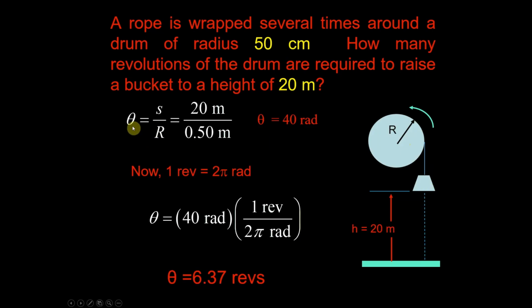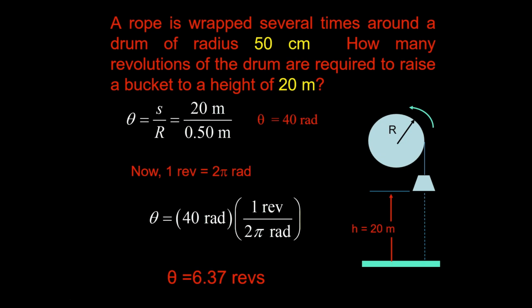Well, theta is s over r. s is 20 meters, that's our linear displacement. And r is 0.5 meters. Remember, this is 50 centimeters. So theta is s over r, that's 20 over 0.5, which will give us a theta of 40 radians. Now, the question specifically asked how many revolutions of the drum are required.